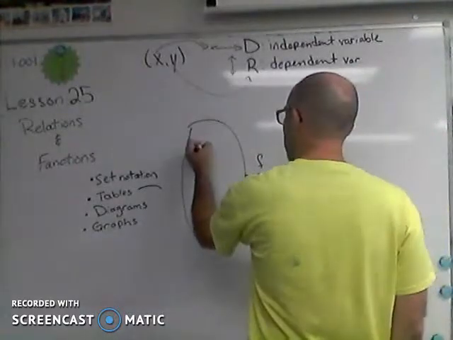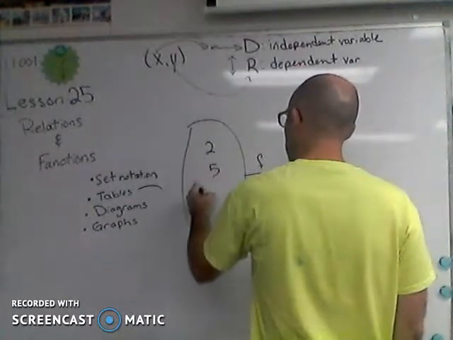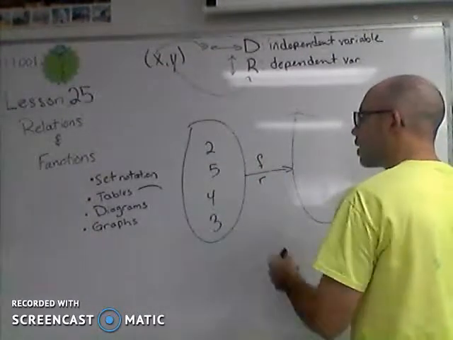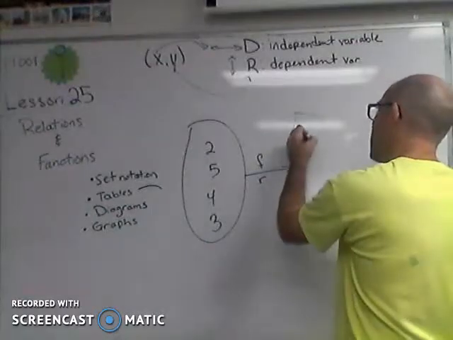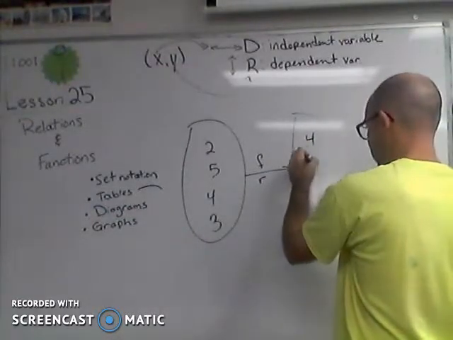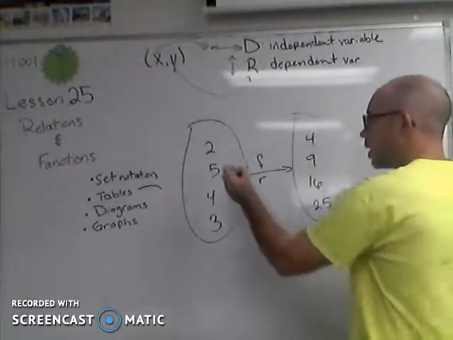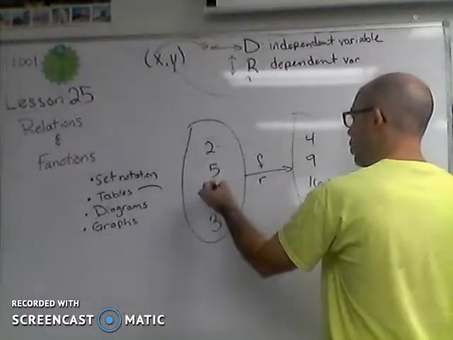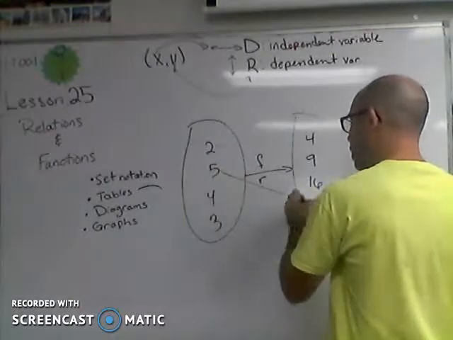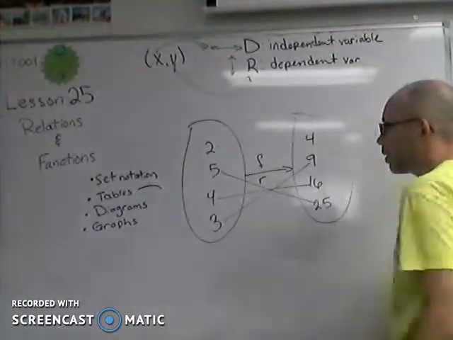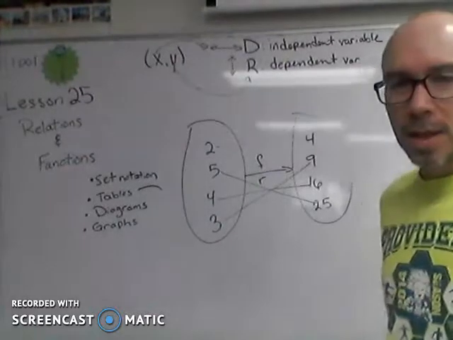So maybe they'll do something like this. Maybe not necessarily list them in order, but there's our collection of inputs, and then we'll have our collection of outputs, and we draw a line to show which ones are associated with which other one. Like playing connect the dots kind of thing here.